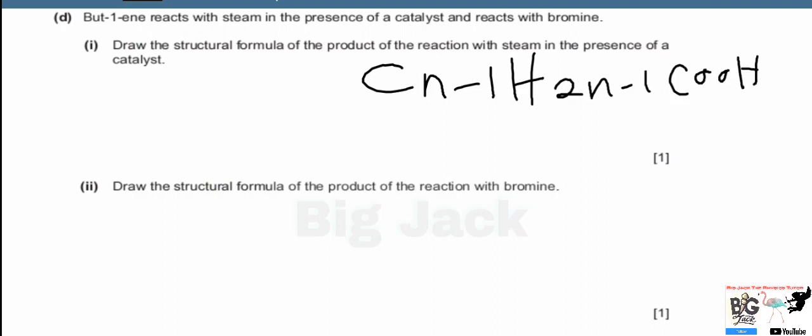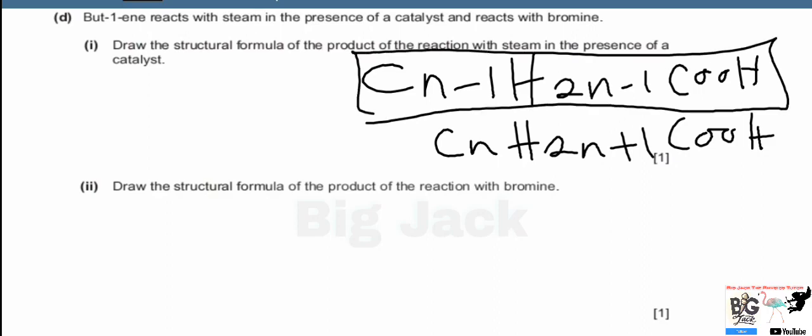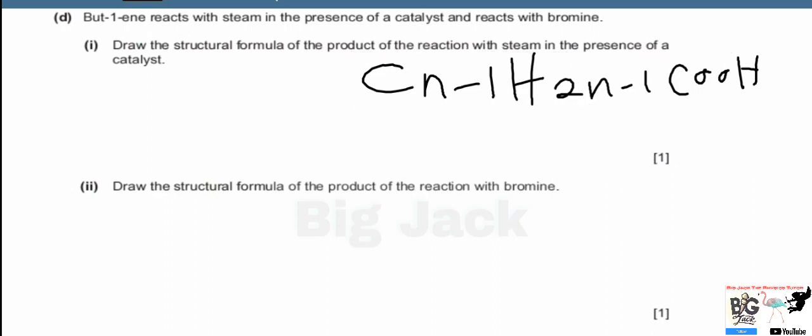Sometimes in other books they write it slightly differently, but these are just the same, and I am going to use this one, which is very simple to understand. So butene has 4 carbon atoms.